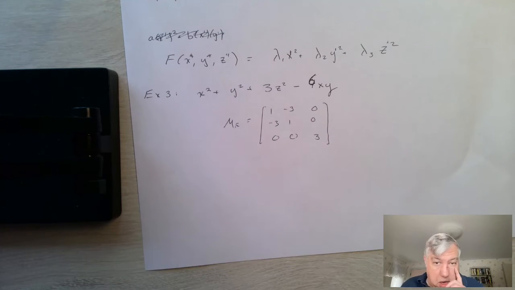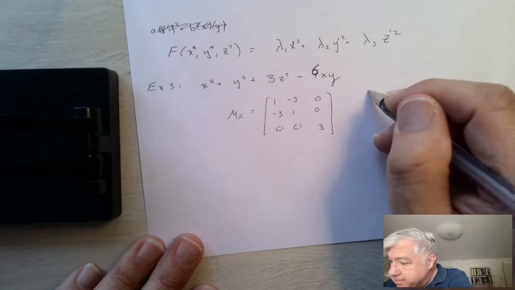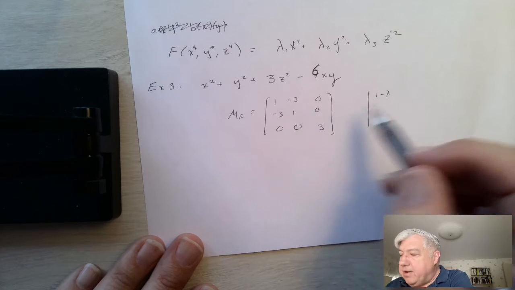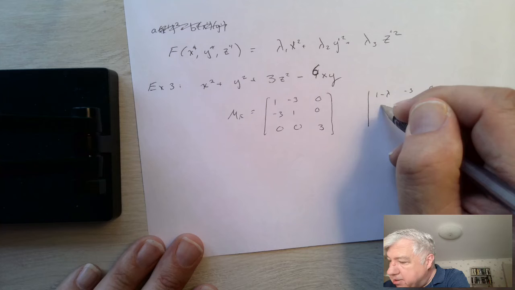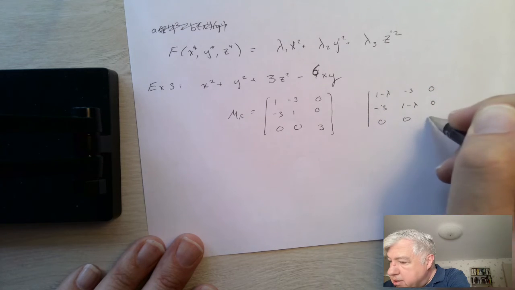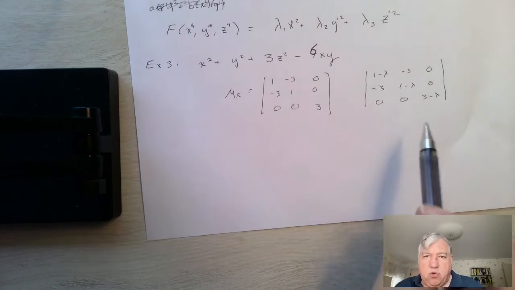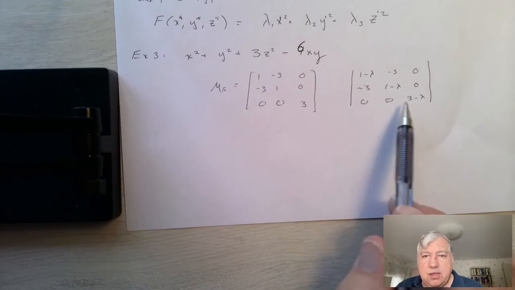All right, and then we can take the determinant of this matrix minus lambda to find the characteristic polynomial. Fortunately, because all the zeros here make the computation very nice, you can expand along this row.